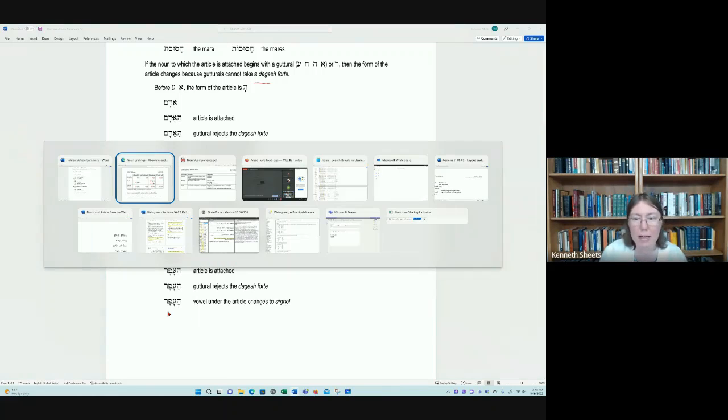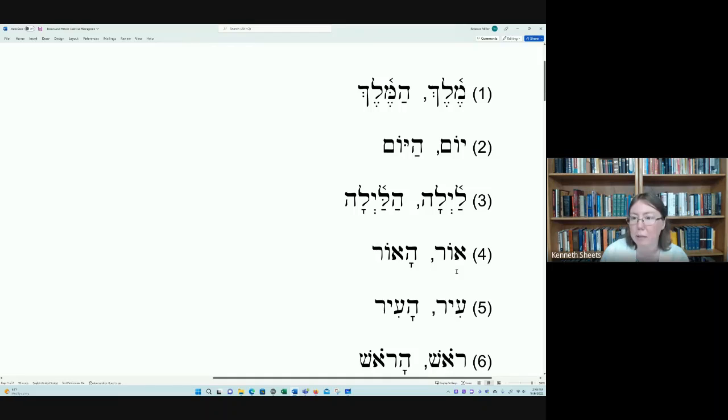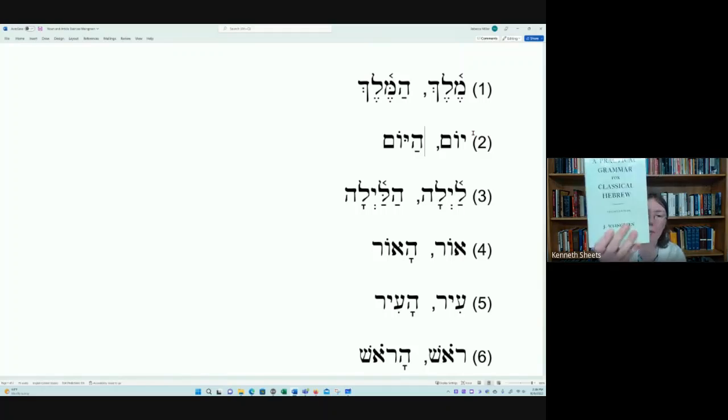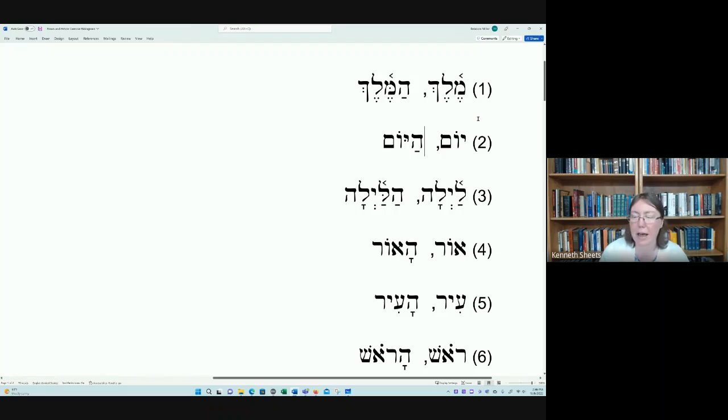Now, let's go ahead and take a look at some examples, coming over to this particular exercise. I have here two different words, and again, this comes from this book, A Practical Grammar for Classical Hebrew by Weingreen, which is the textbook that we very frequently use in our elementary Hebrew classes at the seminary.